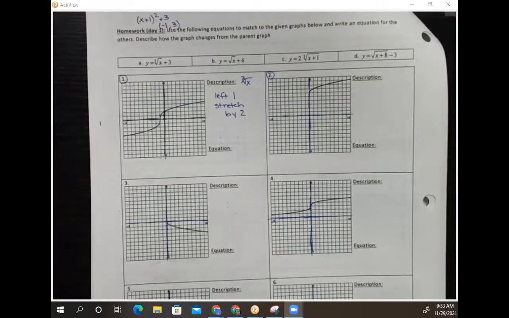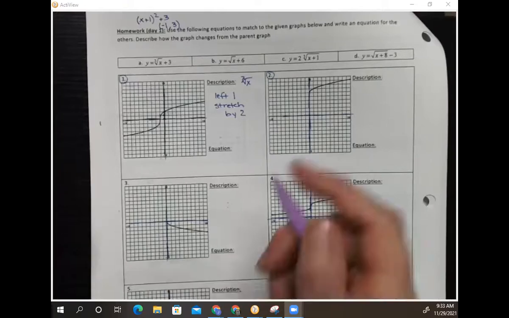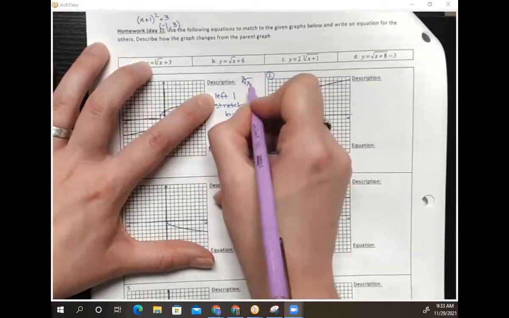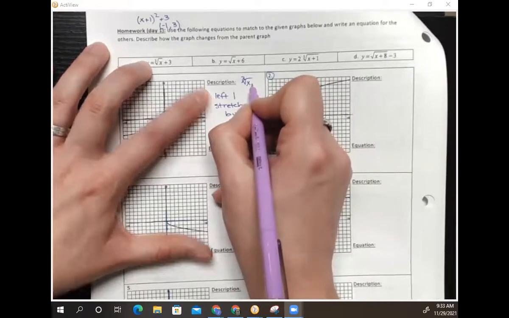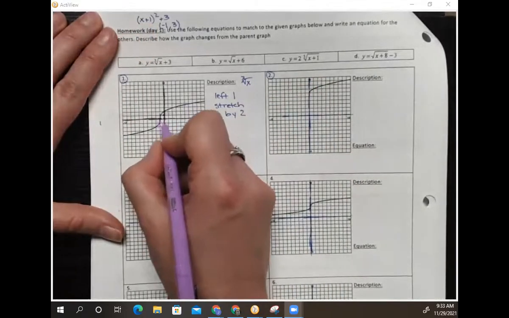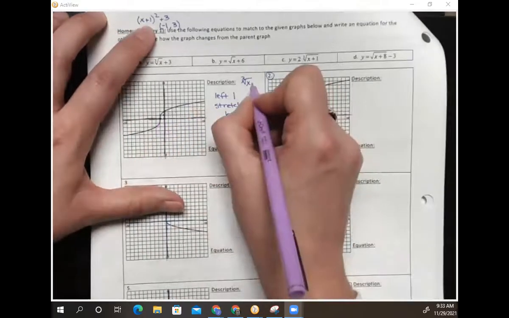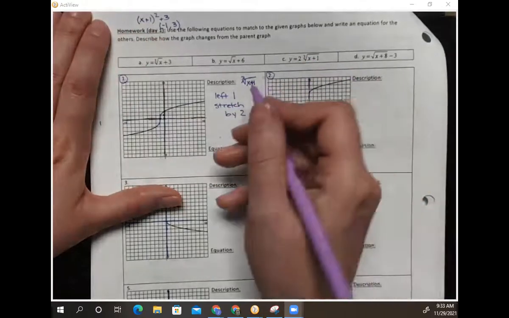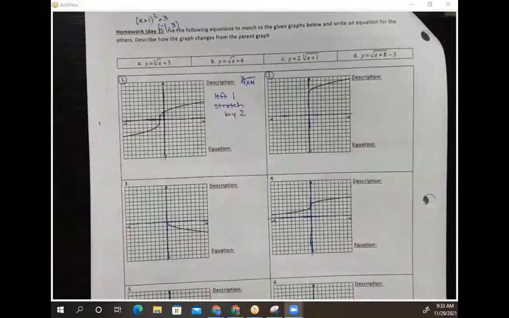We're going to take those exact same ideas as we're graphing and writing functions for these square root and cube root functions. So since I'm going to the left one, that means I would expect to see under my cube root the same thing that I would see here. So left 1 means my x value is at -1. So that means I want x plus 1 here under that root. And then the stretches and the compressions we already talked about.